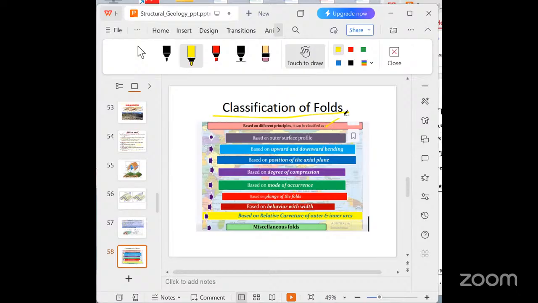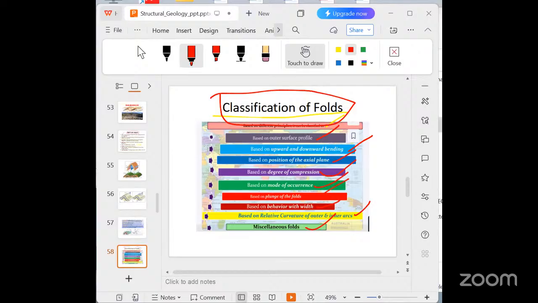It can be classified based on outer surface profile, based on upward and downward bending, based on position of the axial plane, based on degree of compression, based on mode of occurrence, based on plunge of the folds, based on behavior with width, and based on relative curvature of outer and inner arc. And the last one is miscellaneous folds. So these are the classifications of the folds, right?